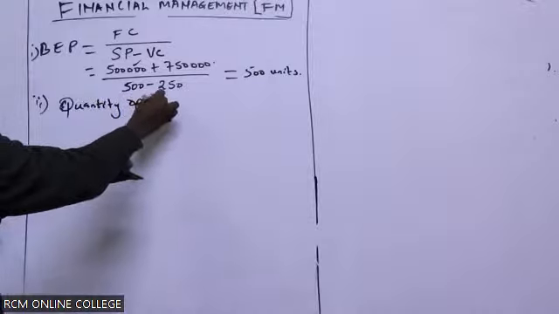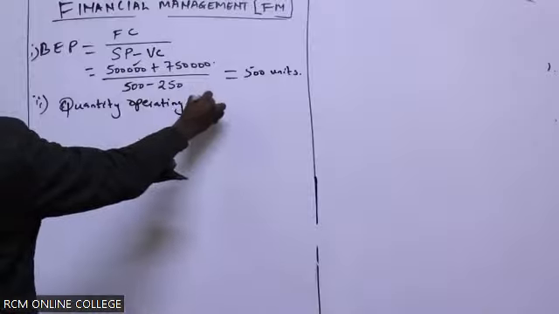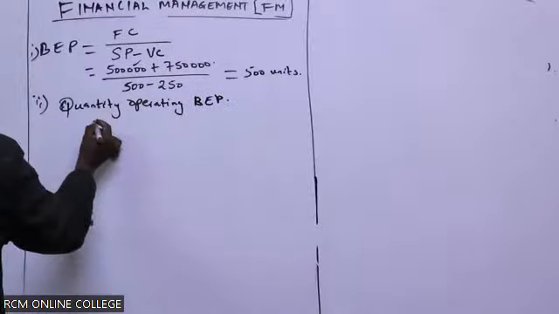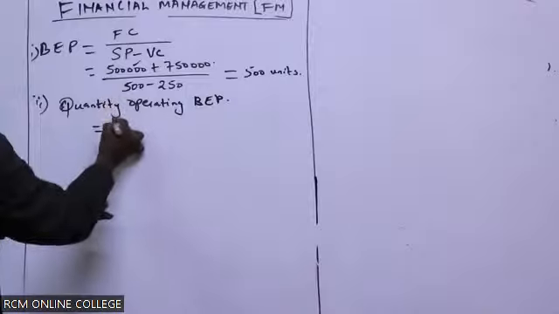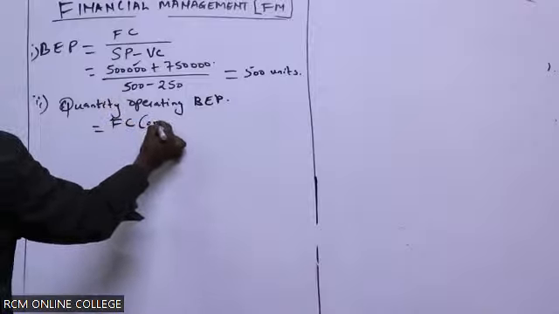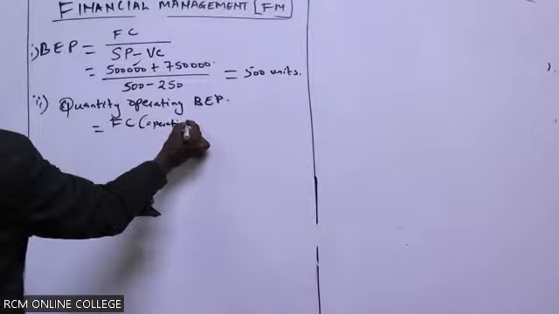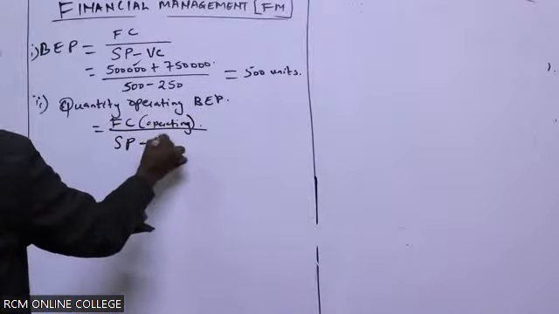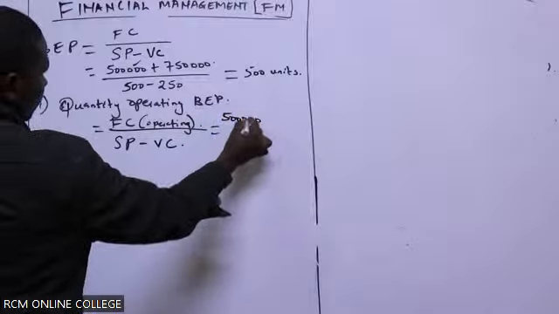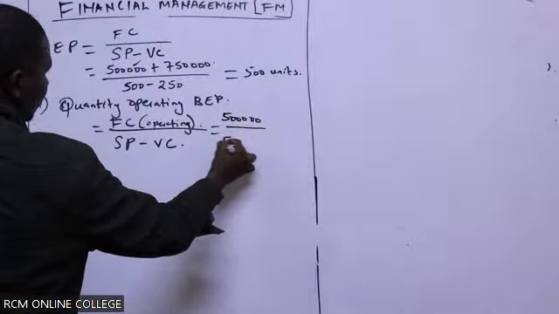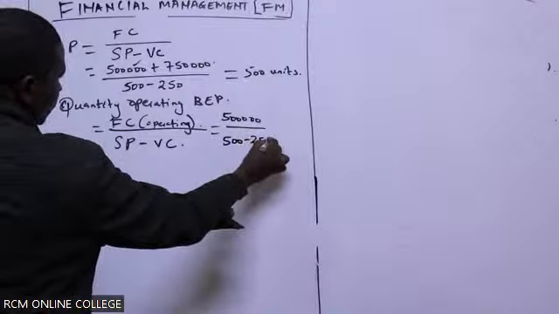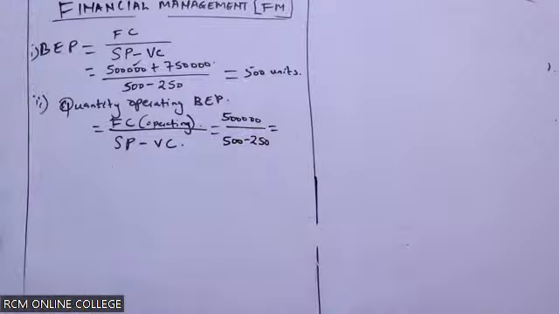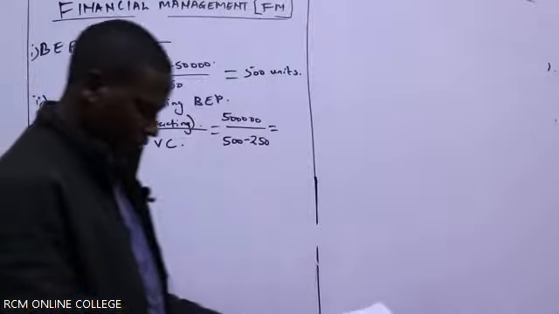Hii tutachukua, it will be given by fixed cost ya operating divide by what? The selling price minus variable cost, which will be equal to what? Fixed cost ya operating ni 500,000 divide by 500 minus 250. Pata ngapi? Pata ngapi hiyo?